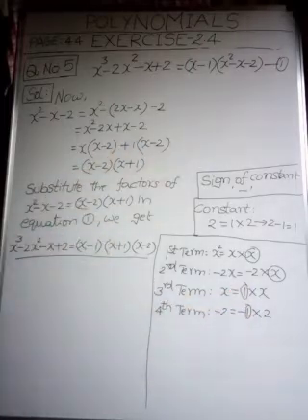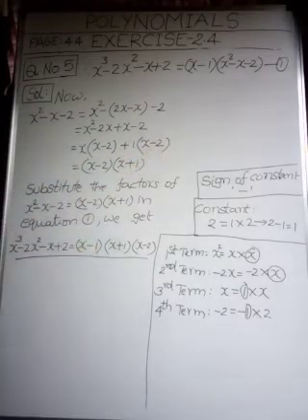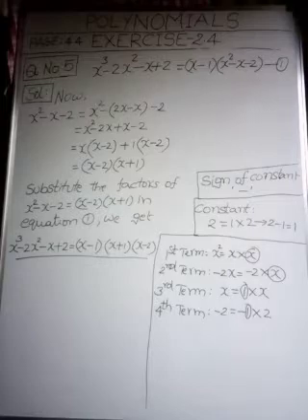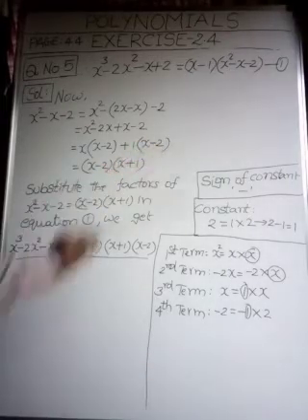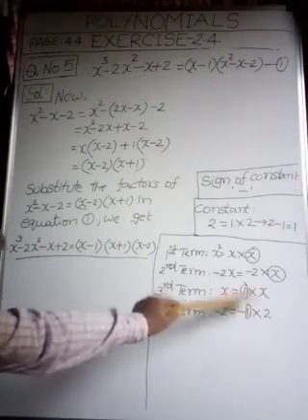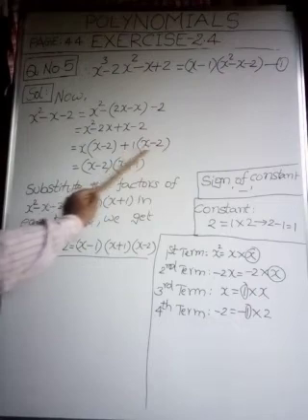Be careful while taking the common factor here, so that we get the same polynomial in these brackets. Understood that part, my dear children? So by taking 1, we get here 1, here minus 2 in the brackets. Understood this step, my dear children?